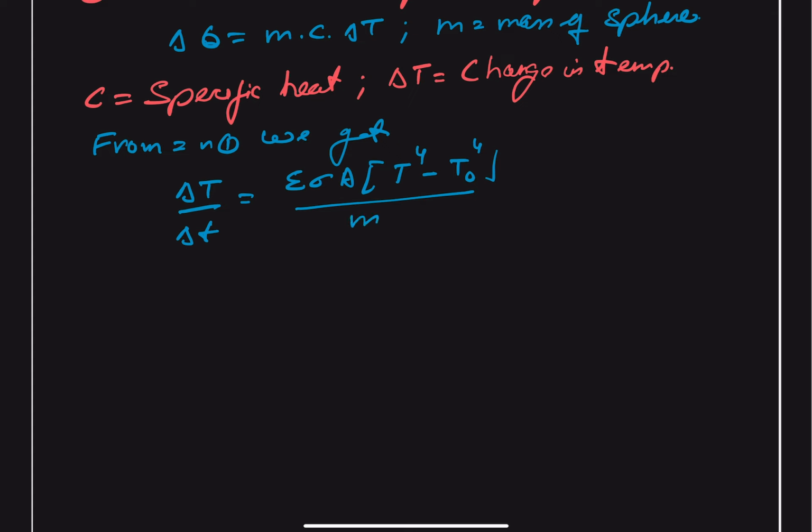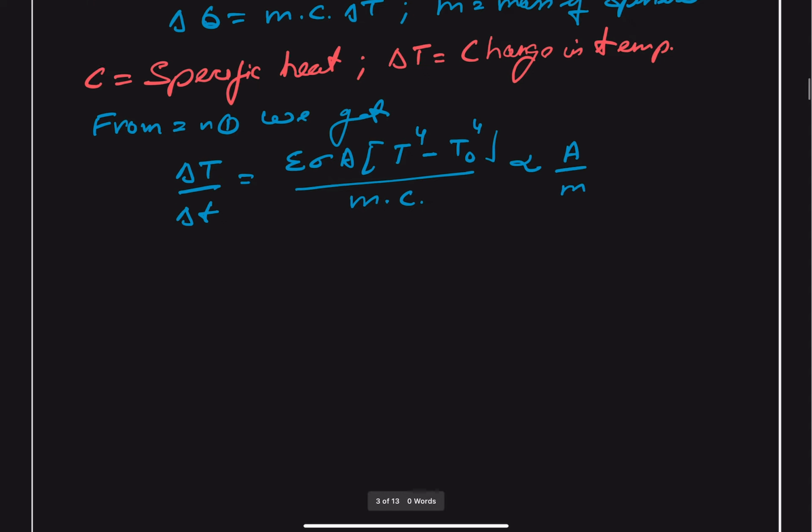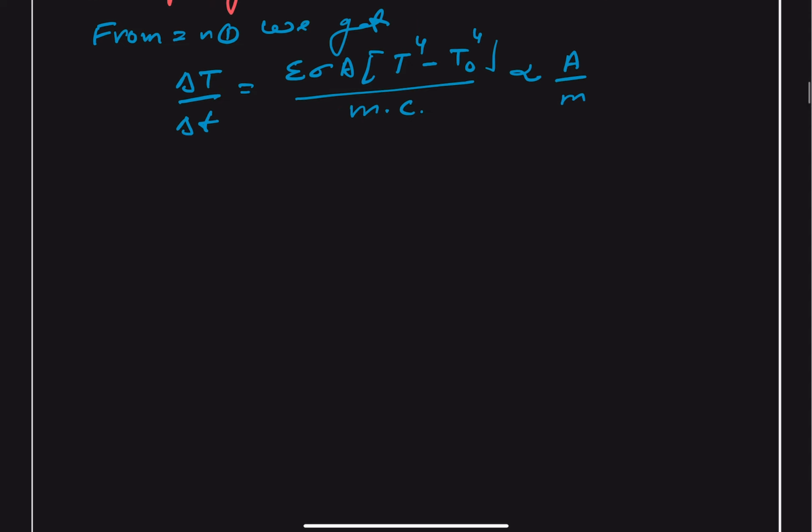In this case, all the things can be treated as constant except the surface area A and the mass m. So we can say that our rate of change is proportional to A upon m. Now let us find the area of the sphere and the mass of the sphere, and then substitute those values in this equation.